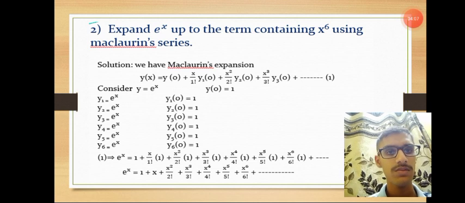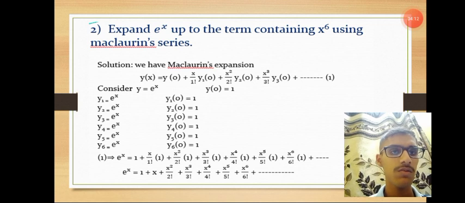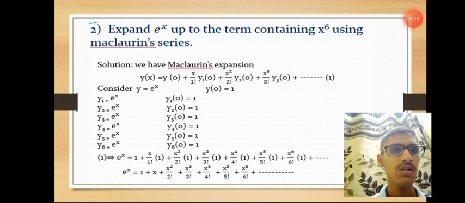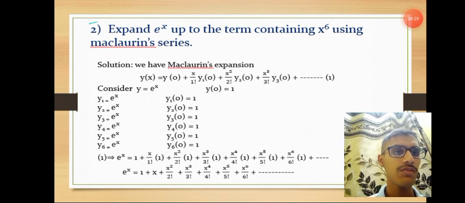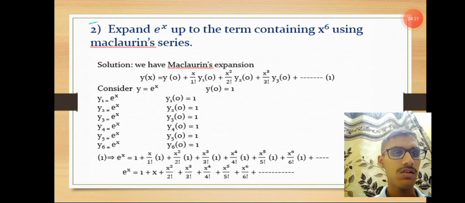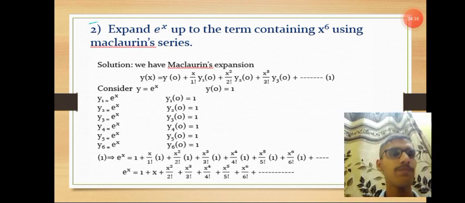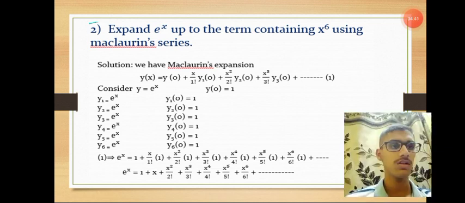So we get, after substituting, e to the power x equals 1 plus x upon 1 factorial into 1 plus x to the power 2 upon 2 factorial into 1 plus x to the power 3 divided by 3 factorial into 1 plus x to the power 4 divided by 4 factorial into 1 plus x to the power 5 divided by 5 factorial into 1 plus x to the power 6 divided by 6 factorial into 1.